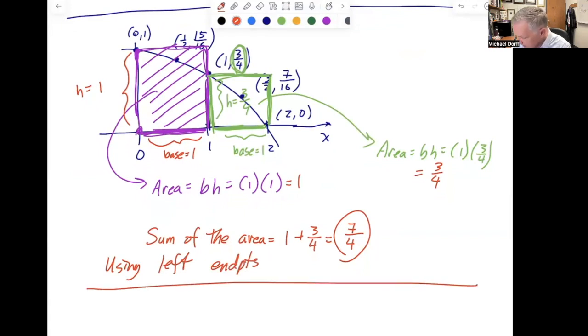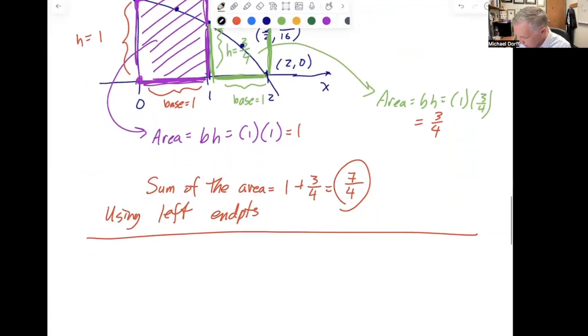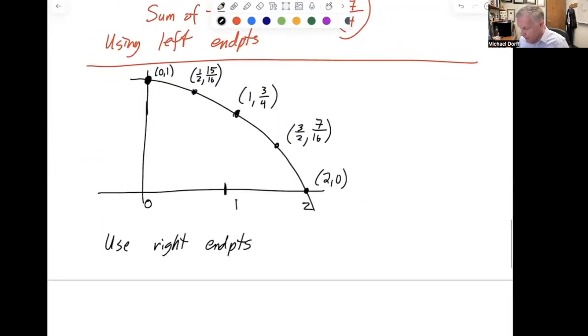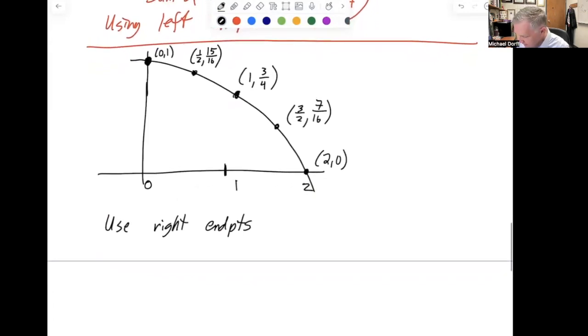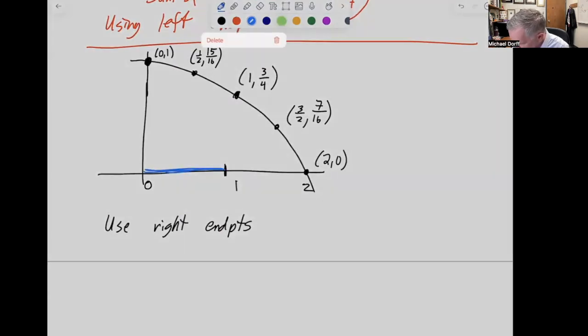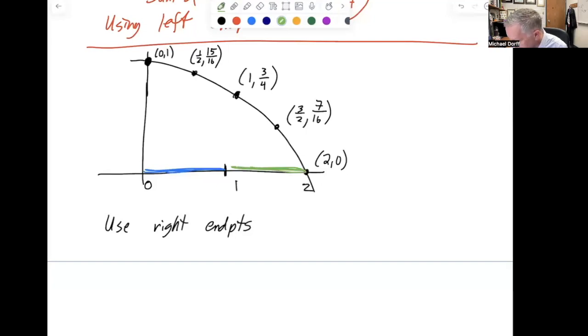Now let's do the same thing using right endpoints. Here's a graph of it. I'm going to have two rectangles again, one in blue and one in green. For the blue one, I use this point and go up here, and that's my rectangle.